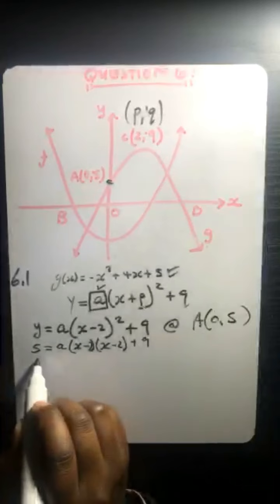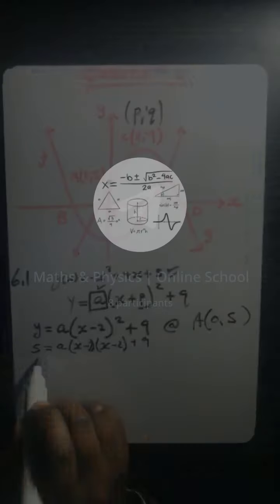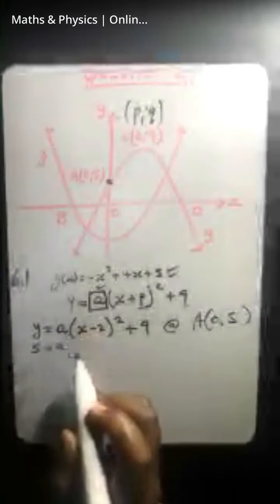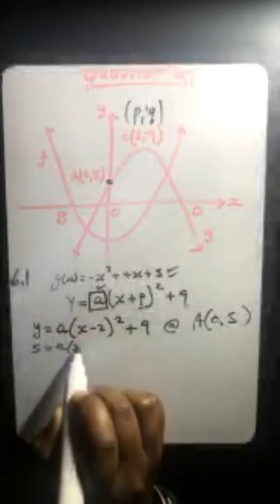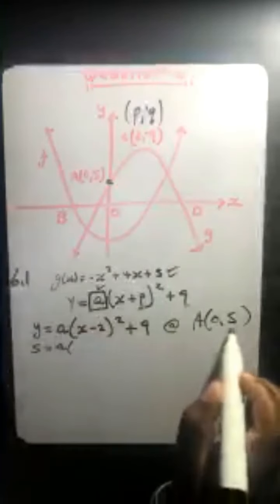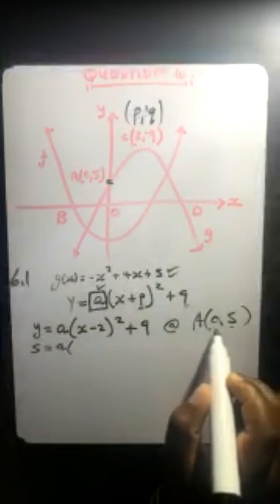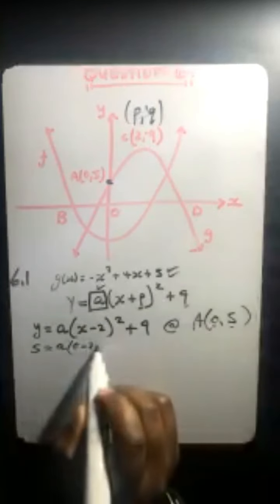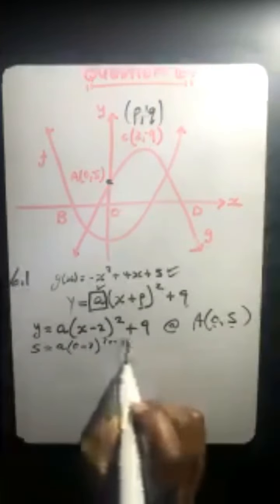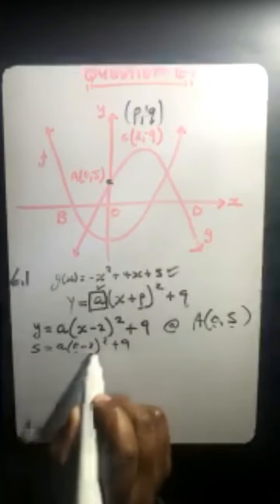So now, wait, why am I rushing? It has to be x. When y is 5, x is 0, so it has to be 0 there plus 9. And then still this is 4.